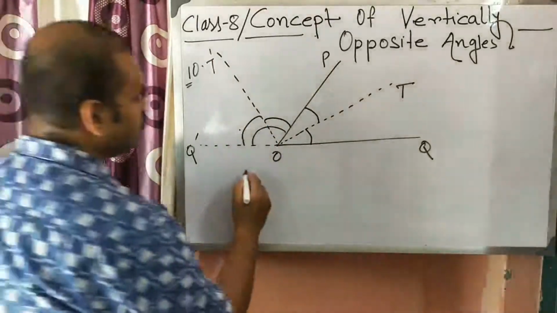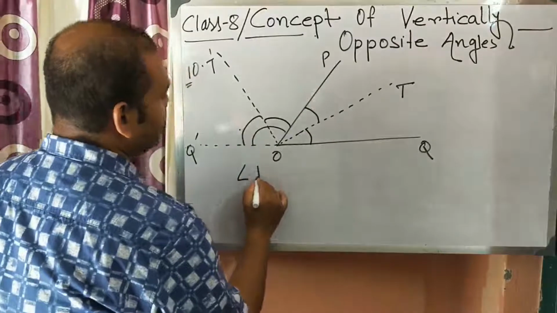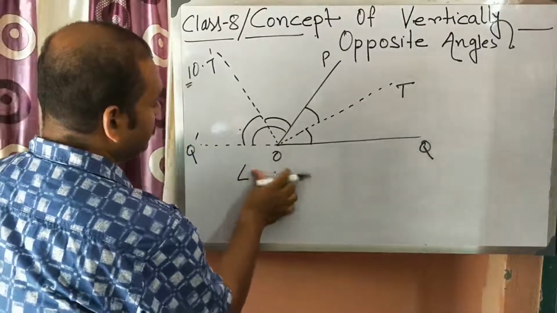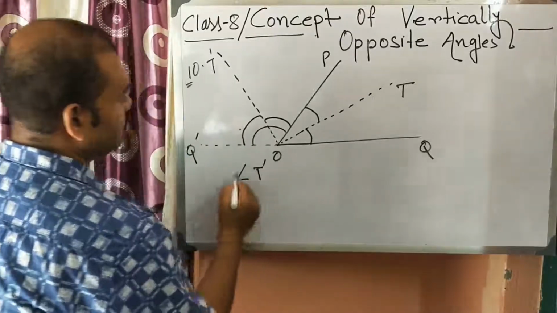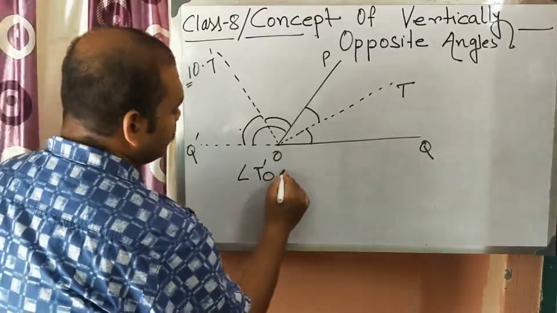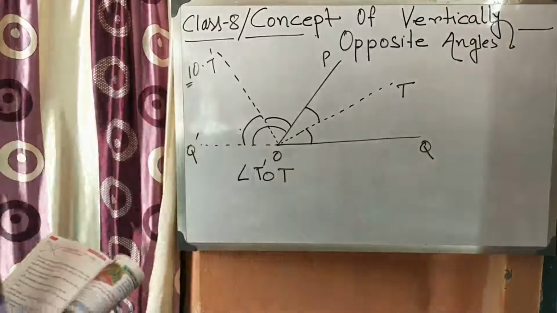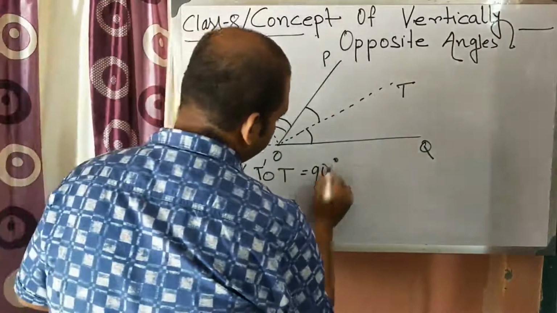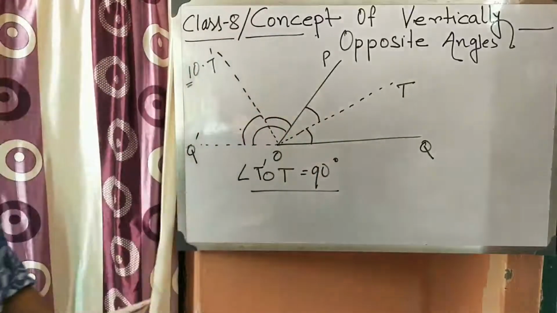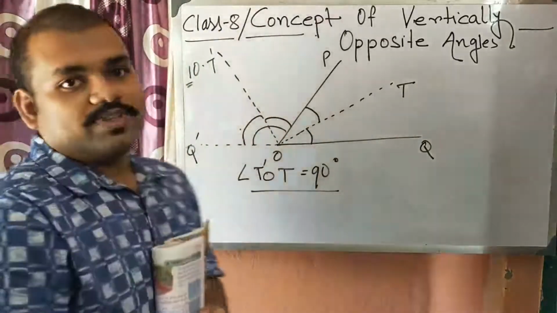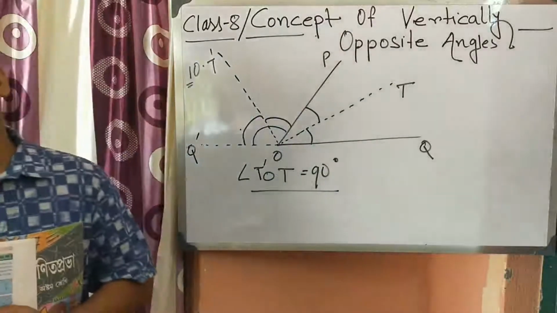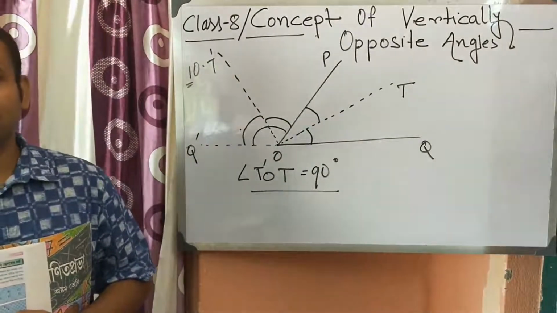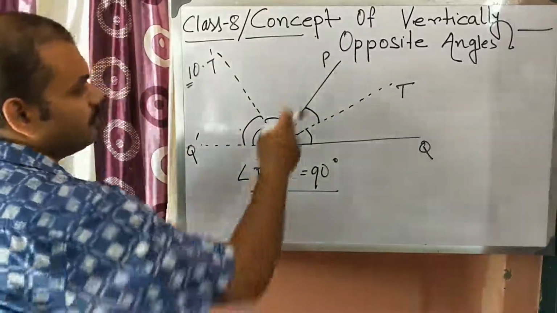Okay, now we need to prove angle T prime OT, or TOT prime, is equal to 90 degrees. We need to prove that the external and the internal bisector of the angle are perpendicular to each other. Okay, so how to prove?